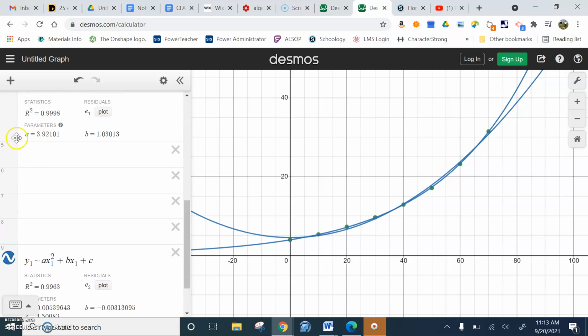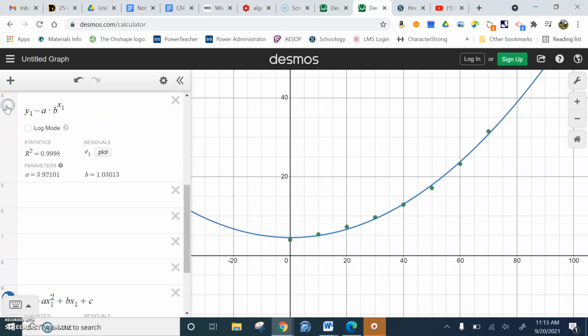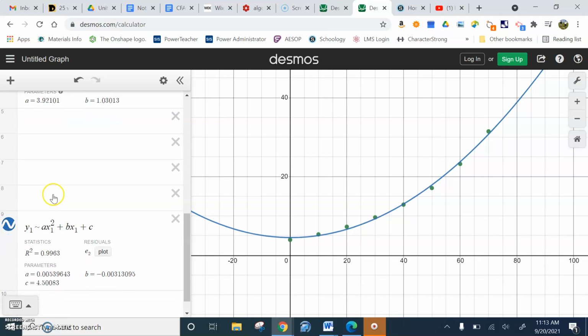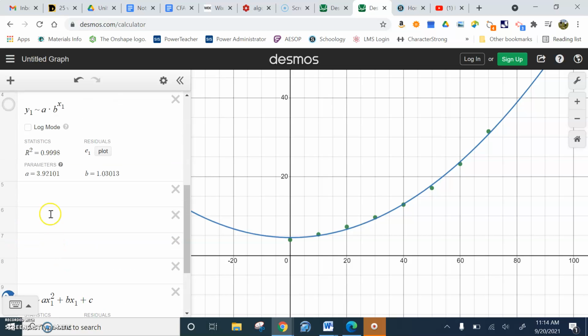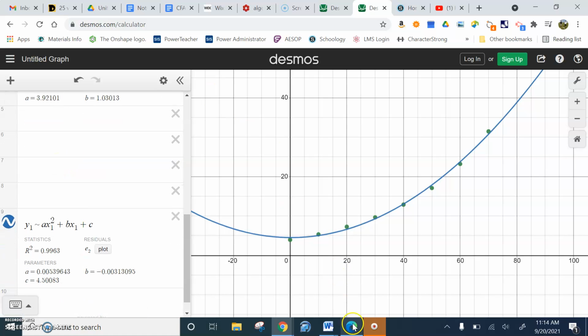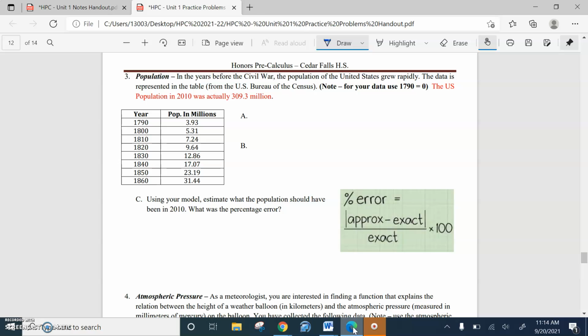Let me turn off the other one real quick. You see the quadratic is not quite hitting those data points as well, and although the R squared value is 0.9963, that is not as good as 0.9998. So the answer to question A is exponential.